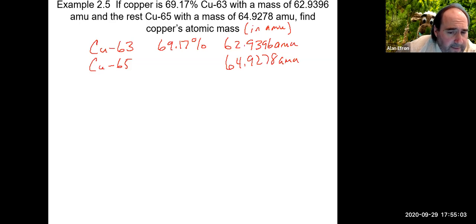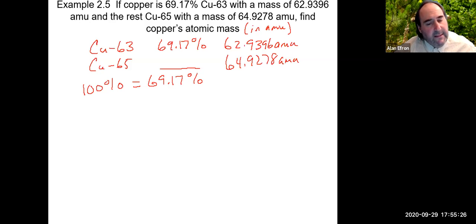So we basically want to figure out the percentage that's missing here. As I was saying just a minute ago, if these are all the naturally occurring isotopes, you could assume that if you had them all, that would be 100%. Since we have 69.17% given to us already, if we subtract those two, that will give us the missing percent.